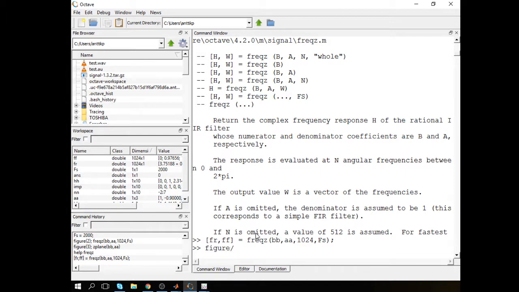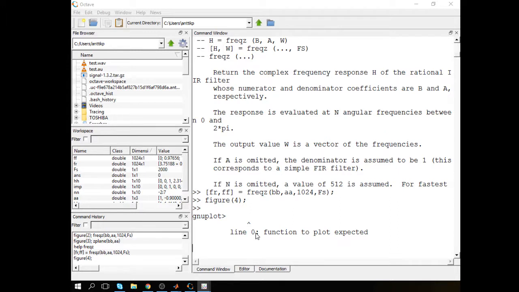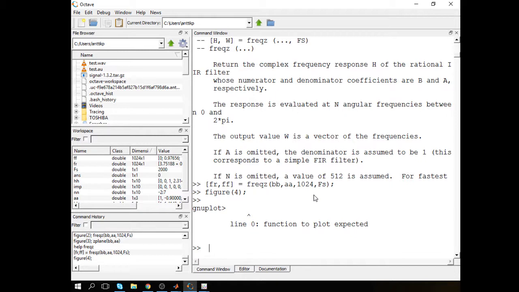Another figure, 4. Oh, okay. Now I got it. So for some reason, okay, plot. It started waiting for a plot function to follow. FF, FR.